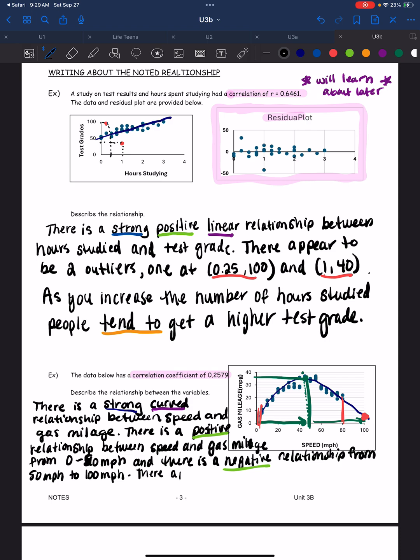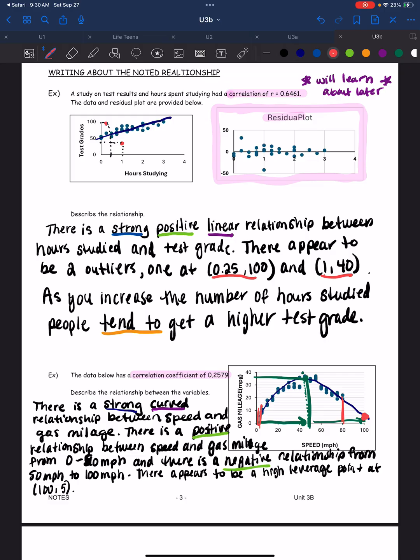There appears to be a high leverage point at, and I've covered it up so it's hard to see, maybe 105.